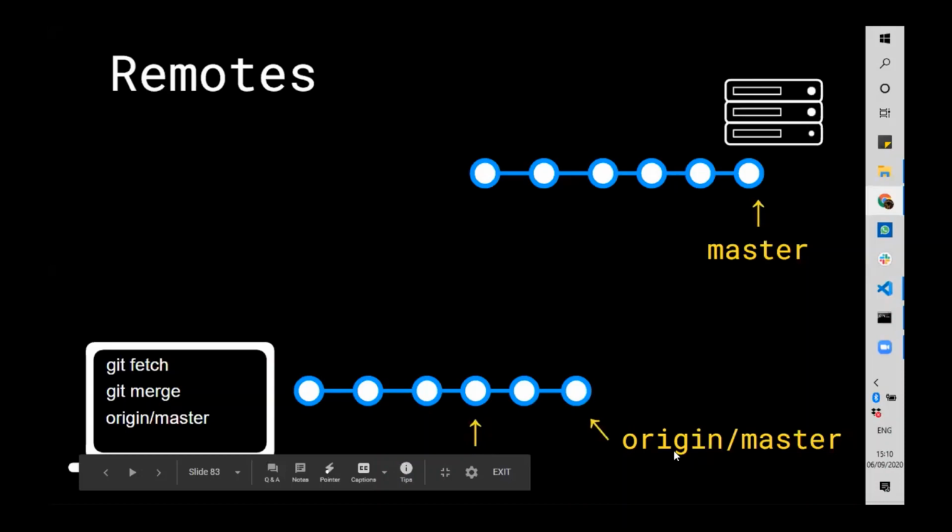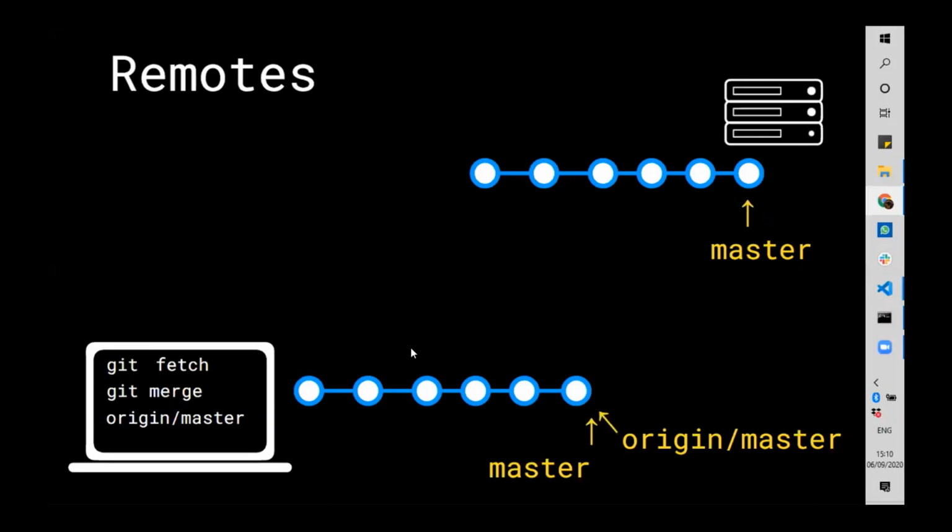So the master branch of origin will be fetched on your local PC, and it won't be merged. So after you type git merge origin master, the master branch of your local PC will be merged with the origin master.